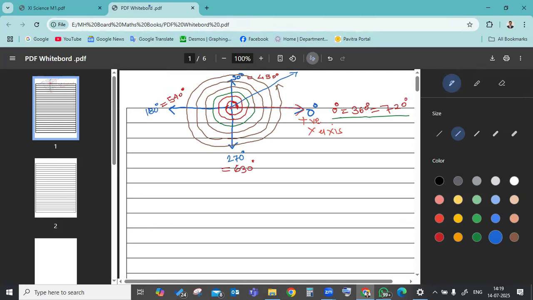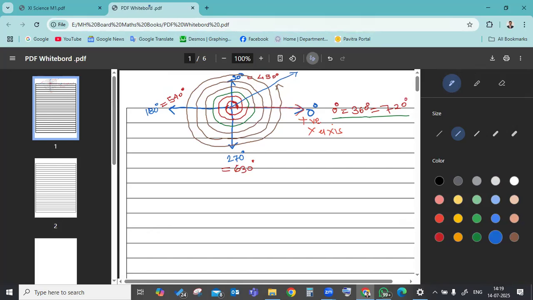One complete rotation is 360 degree, two complete rotations, then three rotations, four, five, then six rotations.